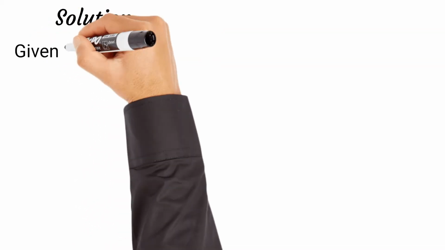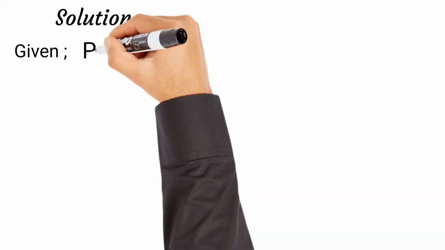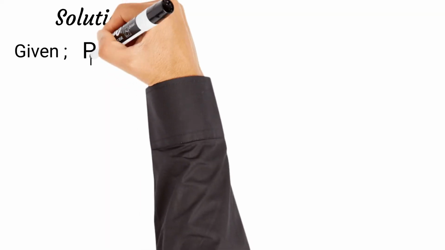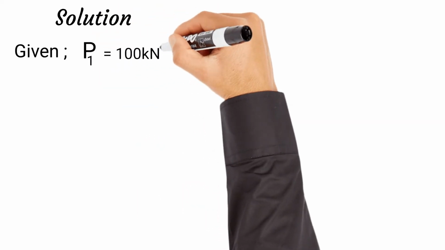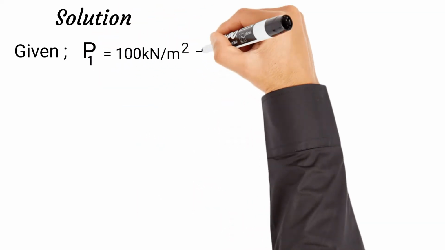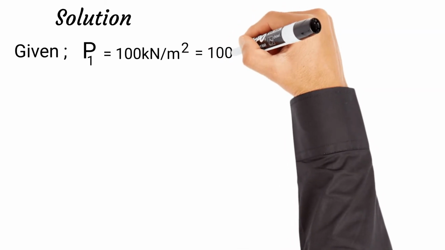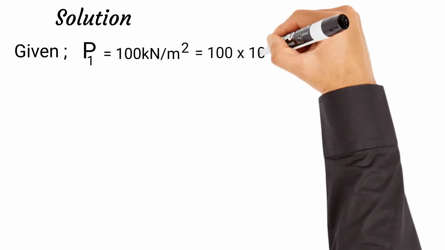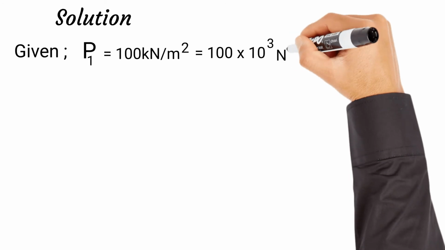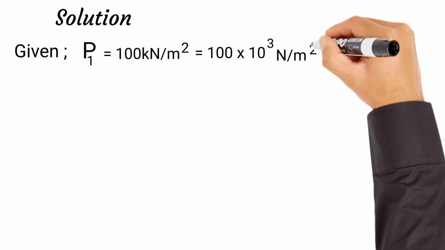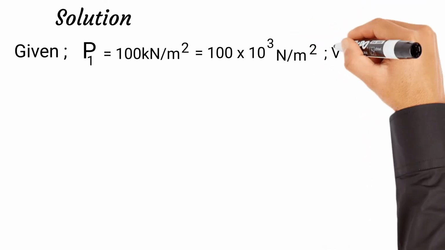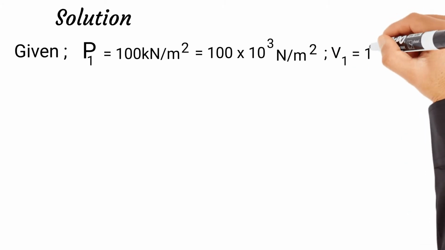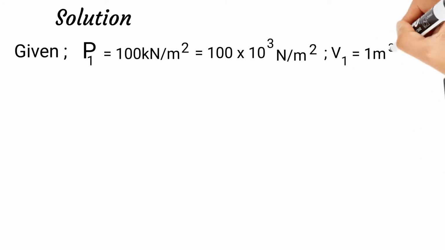Solution. First, we need to know what we are given. We are given P1, 100 kilonewton per meter square. Kilo means 10 to the power 3, so 100 times 10 to the power 3 Newton per meter square. V1, 1 meter cube.